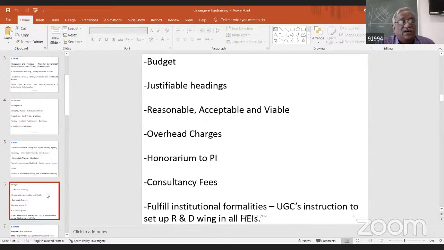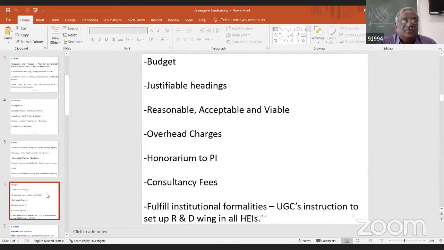And these overhead charges can be utilized by the principal investigator for developing the fringe infrastructure facilities in his department or in his institution. That is the purpose the overhead charges is given. And honorarium to principal investigators, you may wonder, some of the principal investigators may not be interested to take up honorarium, but some funding agencies provide provision for honorarium to principal investigators.